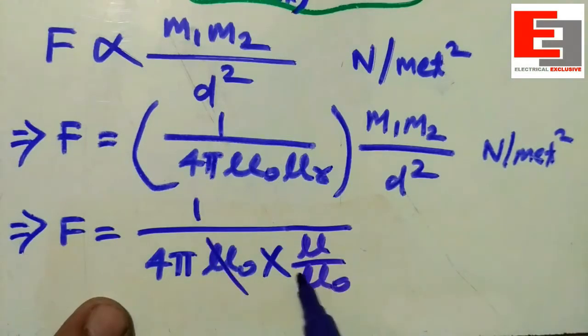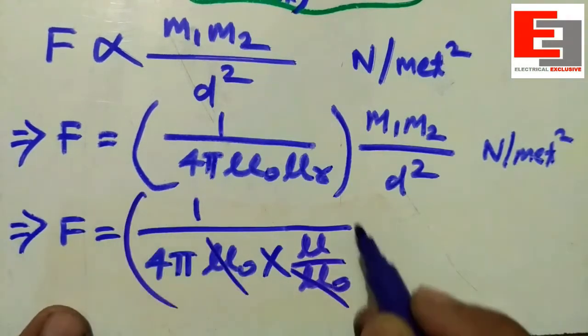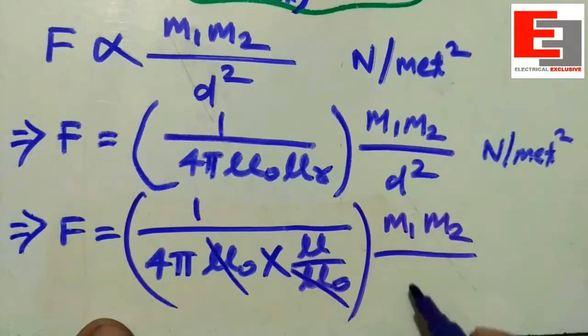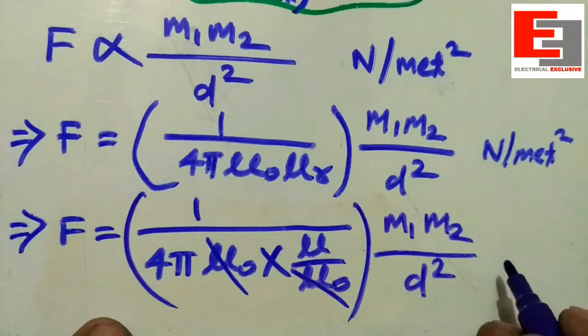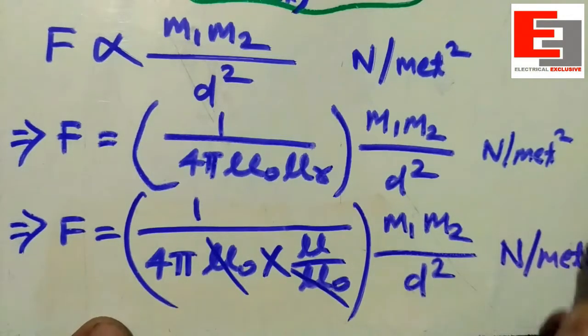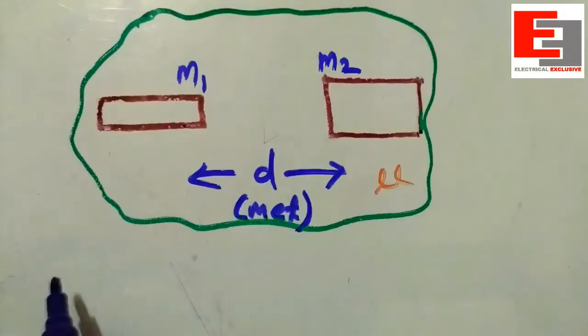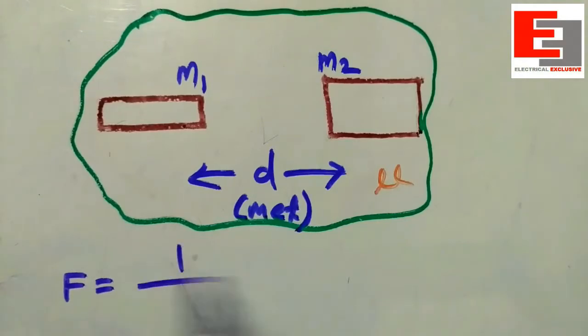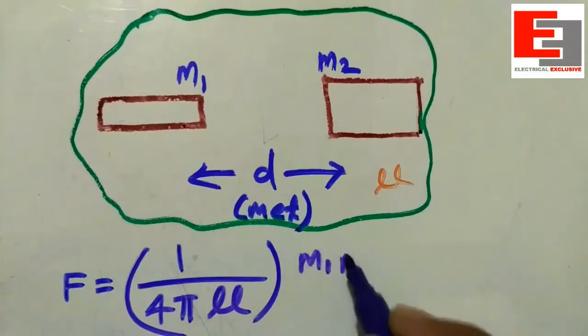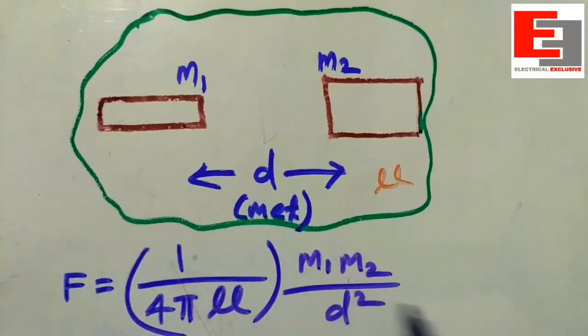This mu0 and this mu0 will be cancelled out, into M1 M2 by d square. Still the unit is unchanged, that is Newton per meter square. Now the final equation comes out, F is equal to 1 by 4 pi mu whole into M1 M2 by d square.